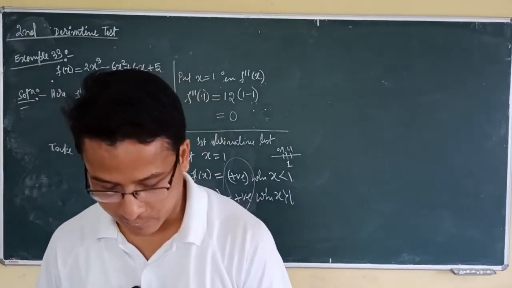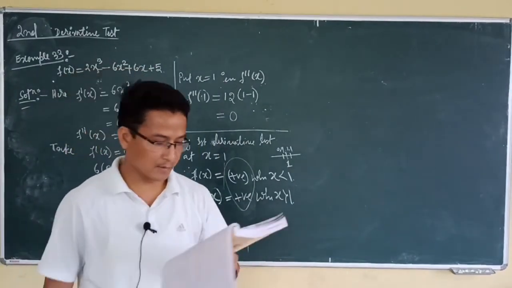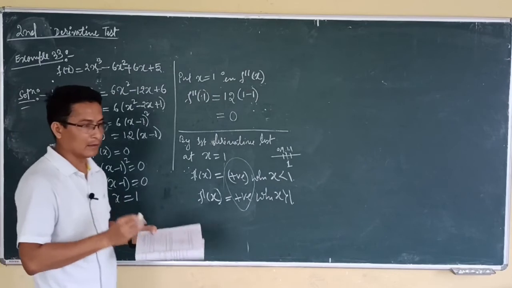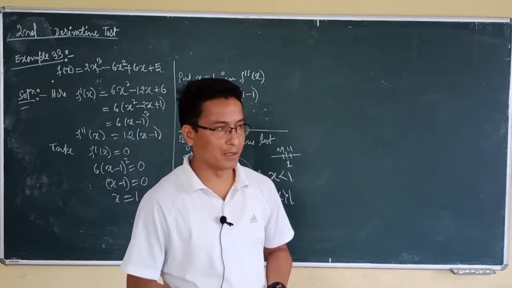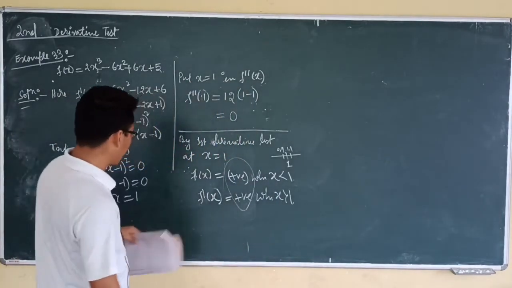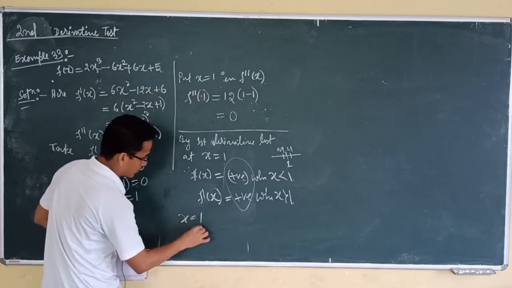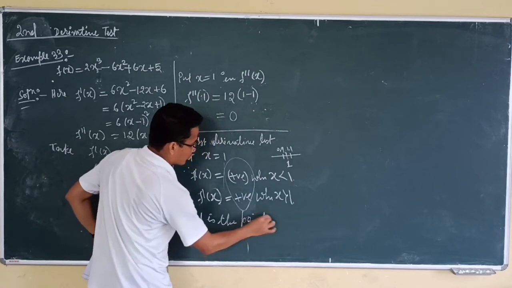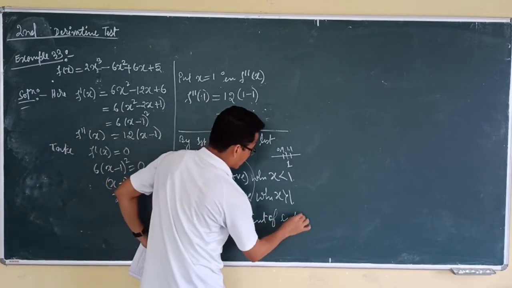So x equal to 1 is a point of inflection. So it is neither maxima nor minima. Okay, so x equal to 1 is the point of inflection.